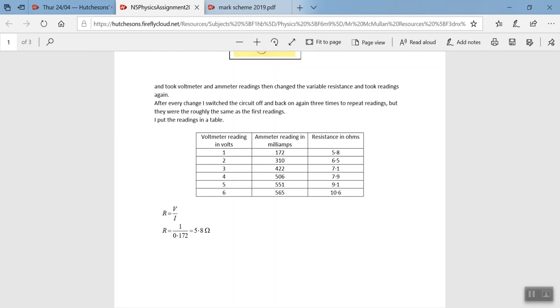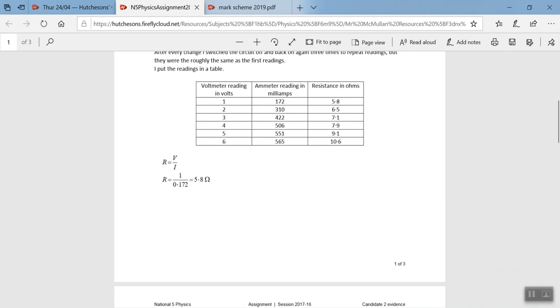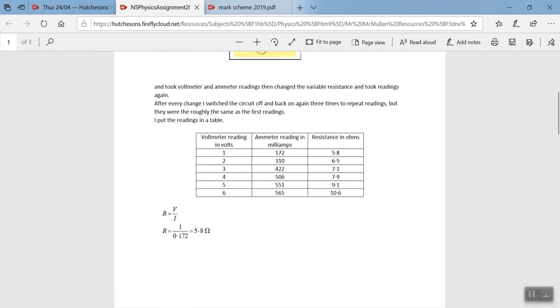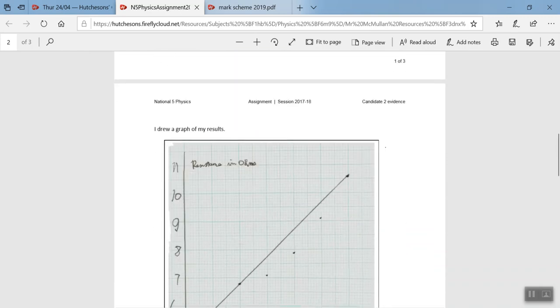The candidate also has presented their data with units and headings, voltmeter in volts, ammeter in milliamps, resistance in ohms. So would they get the mark there? I think they would get the mark, that's fine.